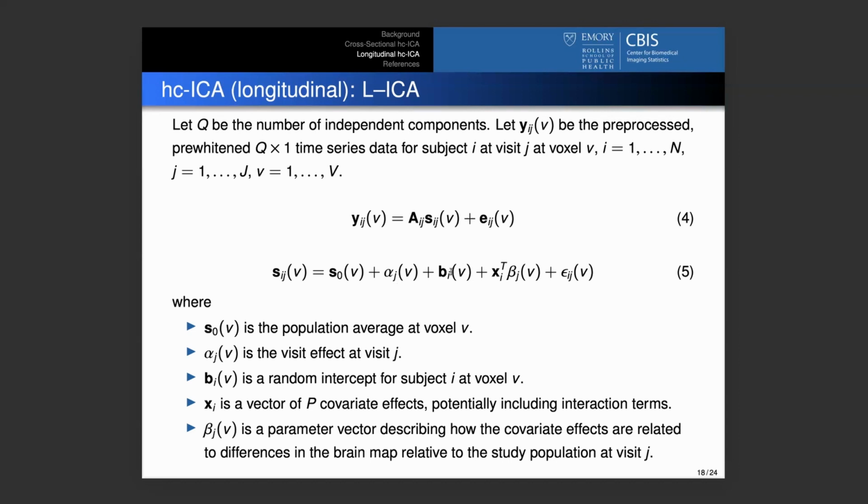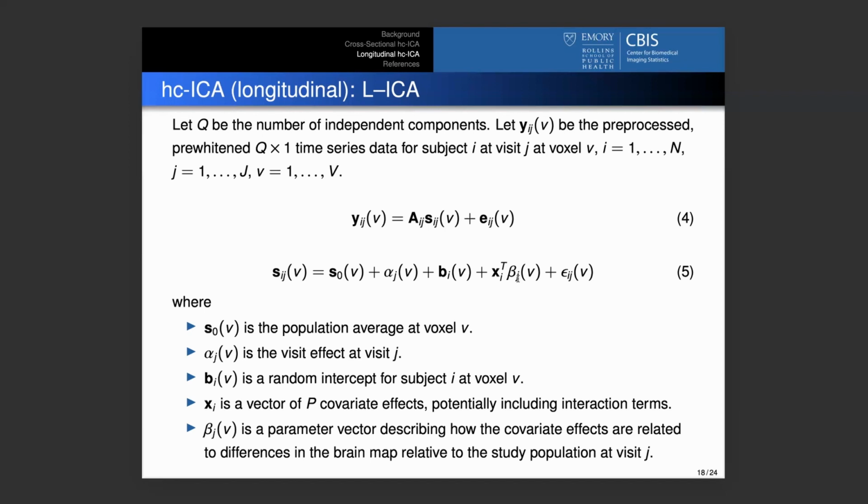Then there's going to be a subject-specific random intercept. That's going to be b_iv, the subject-specific intercept at voxel v. And then there's going to be a set of subject-specific covariate effects, just like before. But now you're going to see that the covariate effect term, this beta term, now has a j subscript. What this means is that the covariate effects are going to potentially change at each different visit.